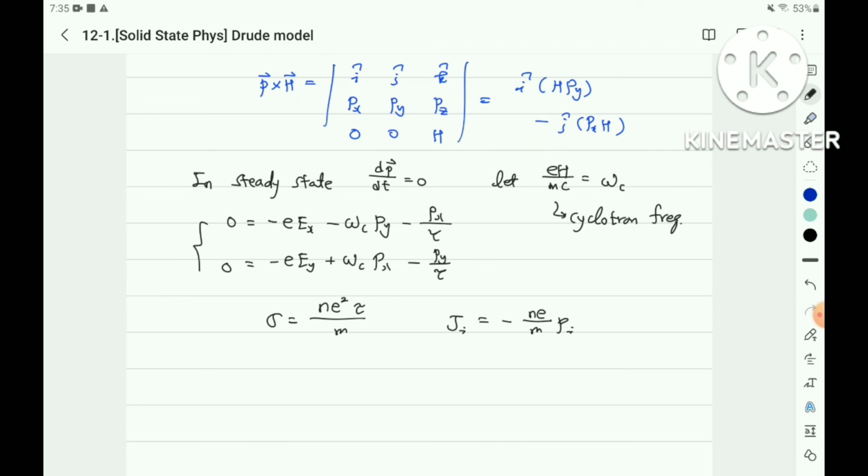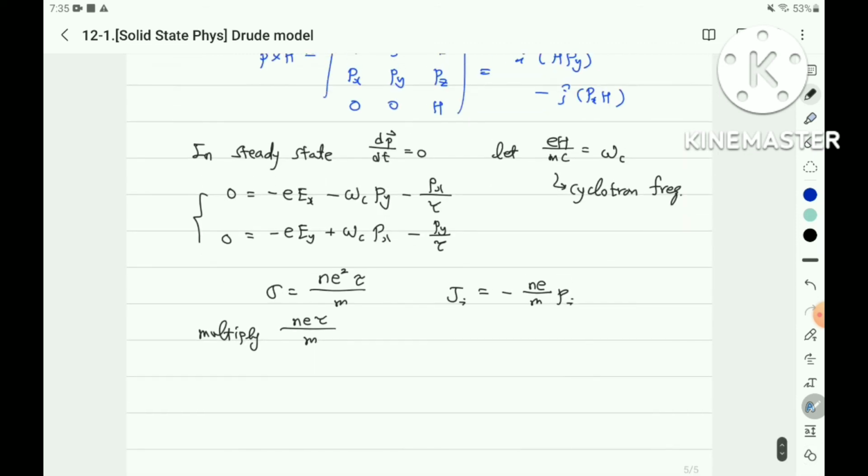Let's multiply Ne tau over m on both sides, and this term becomes the electrical conductivity.